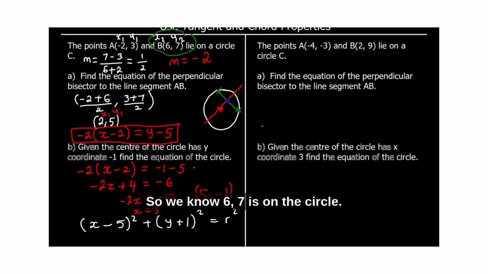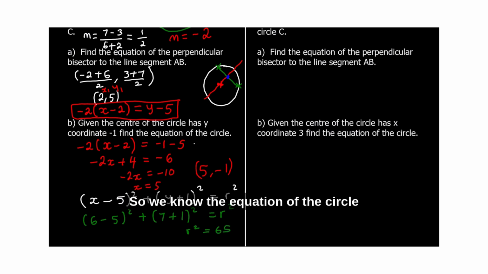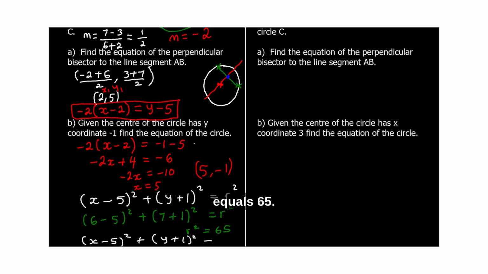So we know 6, 7 is on the circle. So 6 minus 5 squared plus 7 plus 1 squared is the radius squared. 1 squared is 1. 8 squared is 64. So r squared is 65. So we know the equation of the circle is x minus 5 squared plus y plus 1 squared equals 65.